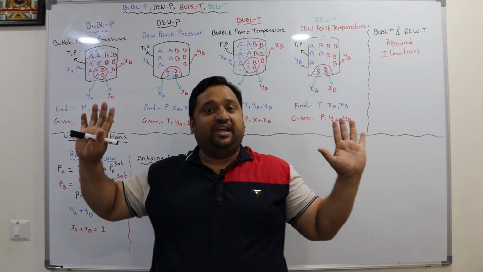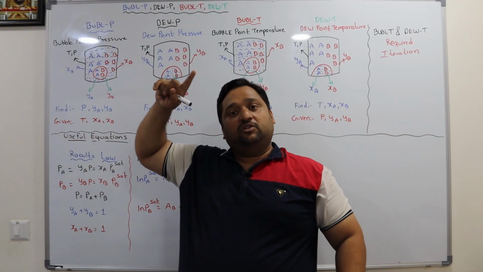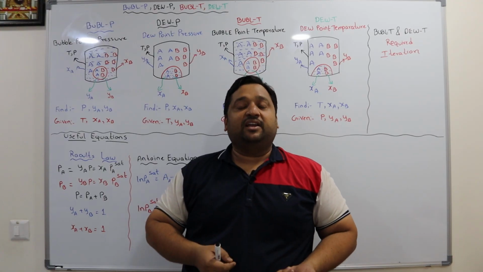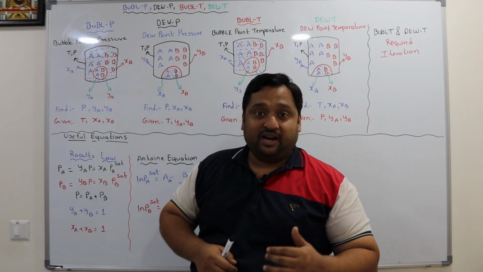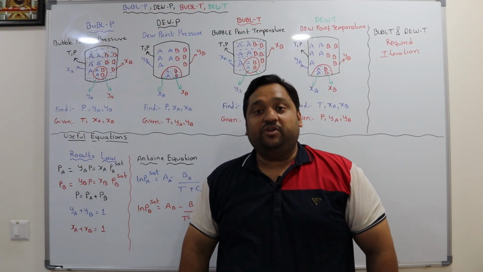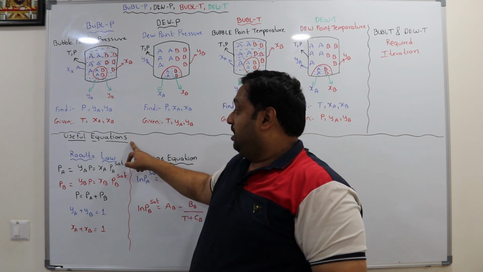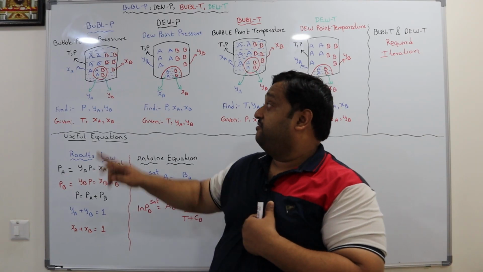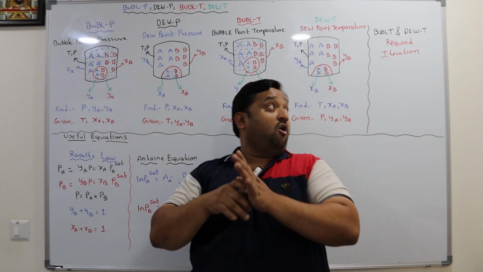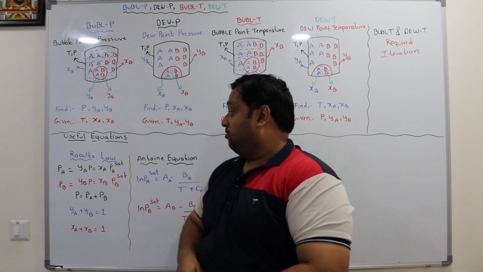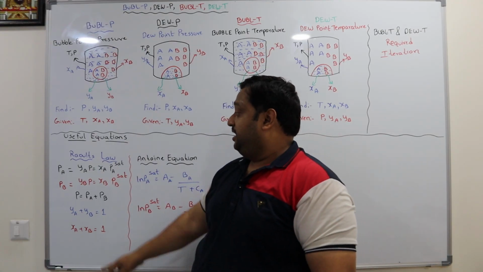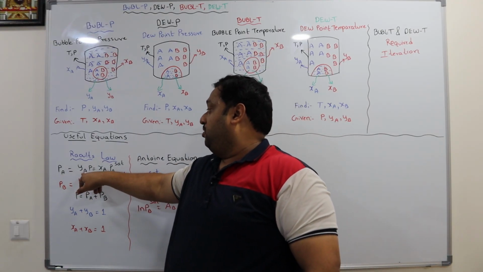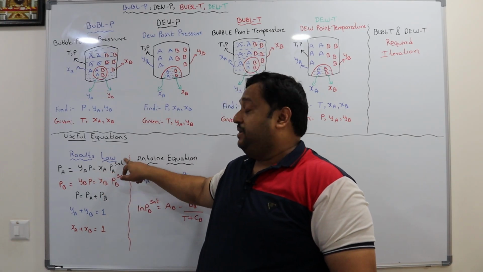Initially we assume that vapor is ideal and liquid is also ideal. So when vapor and liquid both are ideal, Raoult's law is going to be used. In Raoult's law, these are the formulas you are supposed to use in all 4 calculations. One is, partial pressure of A is equal to YA into P, which is XA into PA sat.